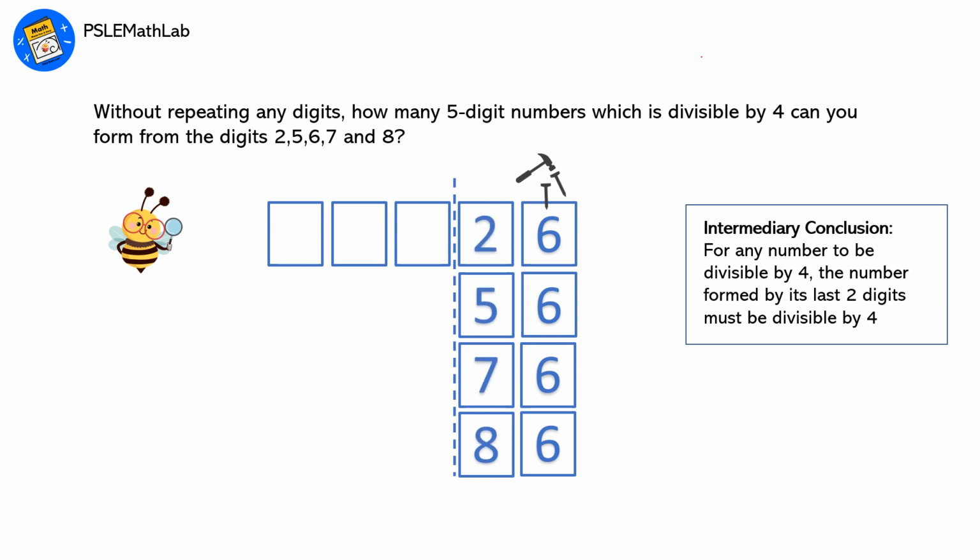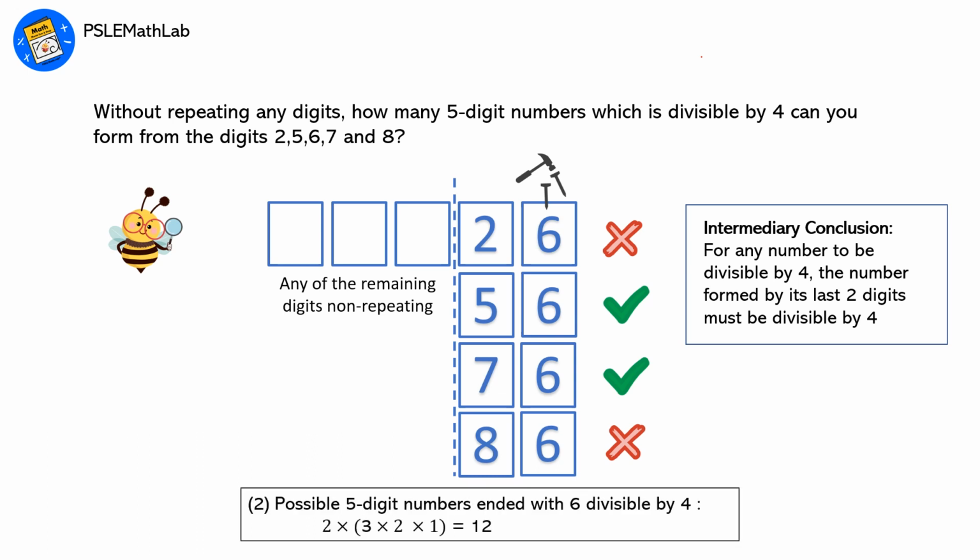And considering the 4 possibilities to fill up the 10th position, we evaluate these 4 possibilities one by one. 26, not divisible by 4. 56, yes. 76, yes. 86, no. So again, we have a similar situation as last time. We can easily calculate the number of possible 5-digit numbers ending with 6 to be divisible by 4 to be 2 times 3 times 2 times 1 again, which is 12.